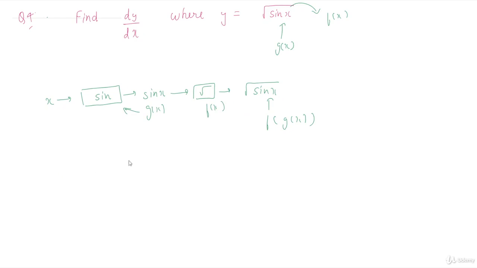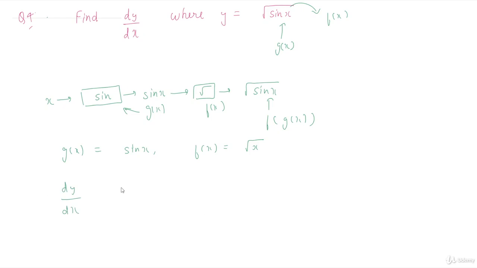So let's write it here. g of x is equal to sine x, and f of x is equal to under root sine x, and hence f of g of x is equal to under root sine x.